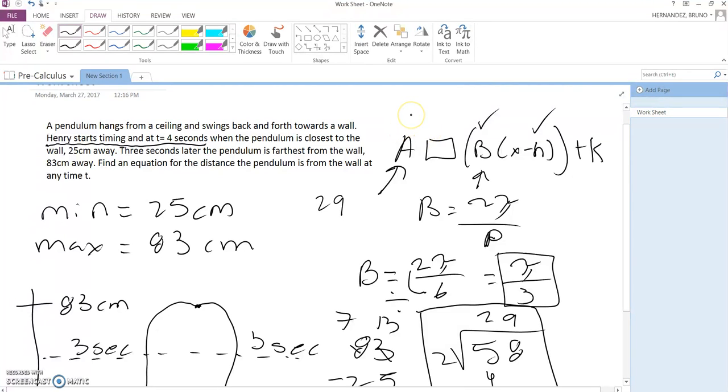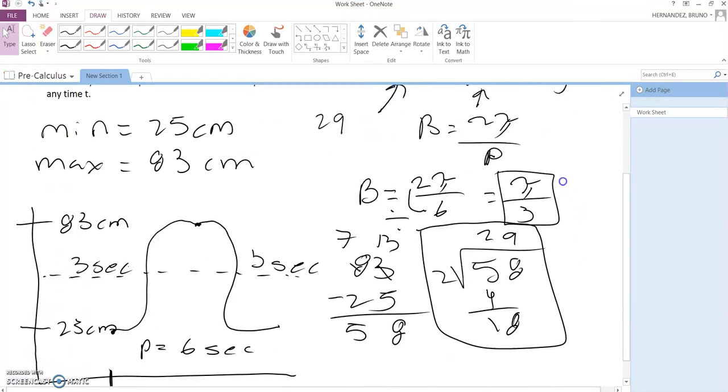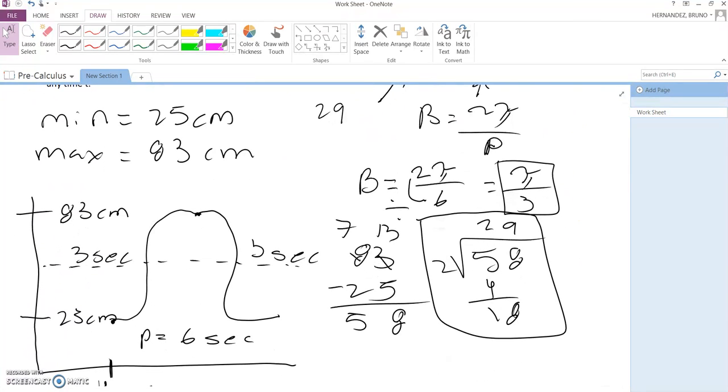Now, this is your own decision. You could use sine or cosine, whichever one, but in this problem I decided to use cosine. So now that we have our amplitude, all we have to do is find our k. Our k is our midline.